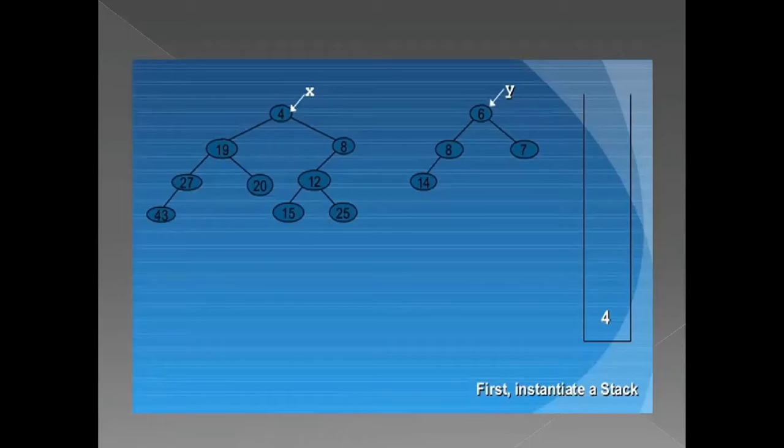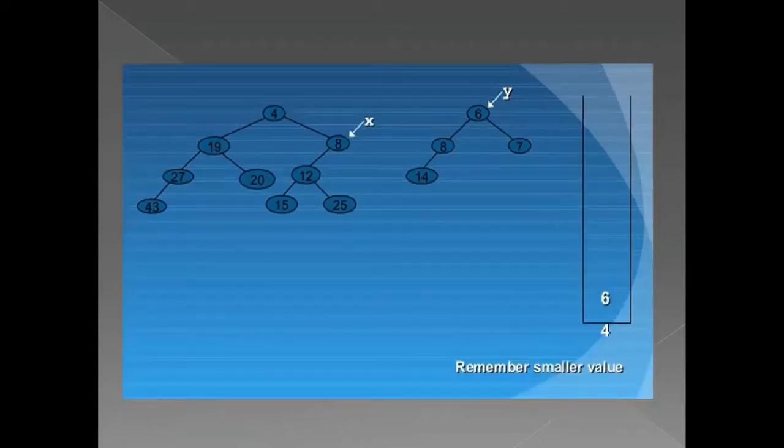Now we have to compare the values of the references x and y, which are 4 and 6. So 4 is the lesser value, so we push the value 4 into the stack. Now, as 4 was the minimum value, we point the x reference to the right child of 4.